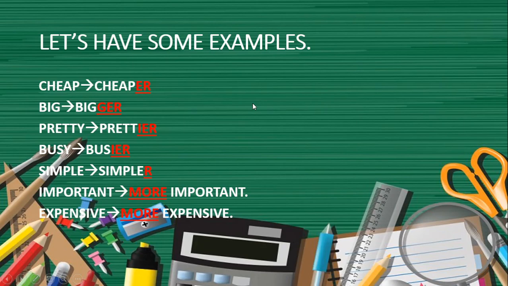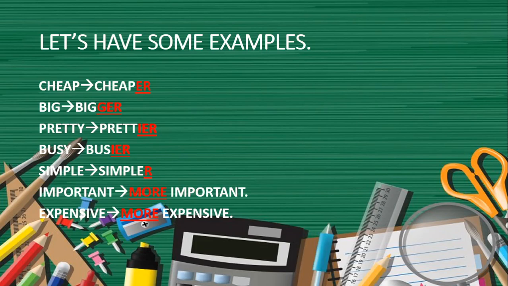Expensive. Something expensive is something that you can't afford. It's something that costs a lot of money. So the comparative form of expensive is "more expensive." As you can see there, expensive is another adjective that has three syllables.